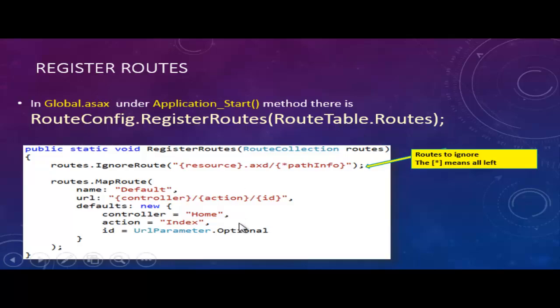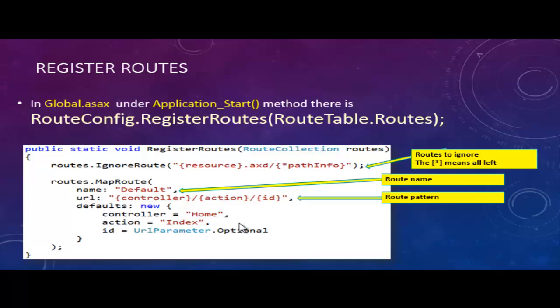Okay. Now let's look at the first part. You are already familiar: the first part is the name of the route that you are using. The name is used at a later stage. If you want to refer to it back, you can use the name. The name could be anything. It's the one that you are going to use to refer to the route at a later stage. The pattern is the one that I specified. So in this case, all the values specified in the pattern are variables.